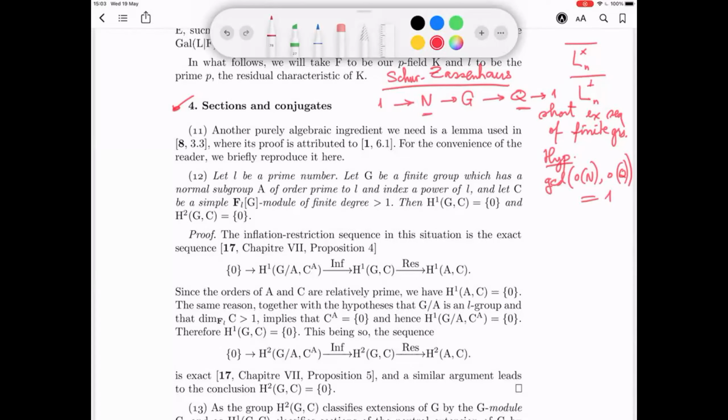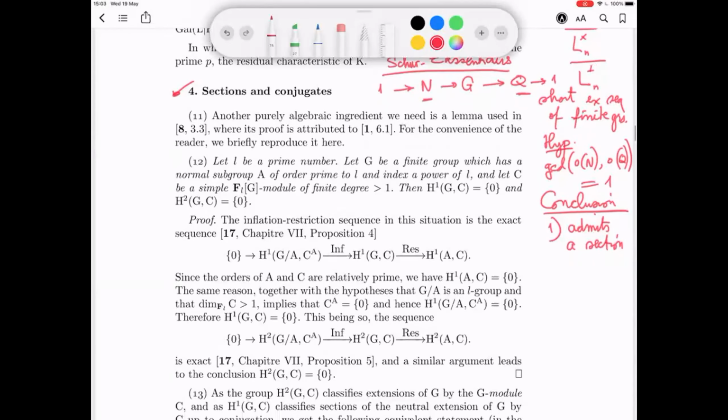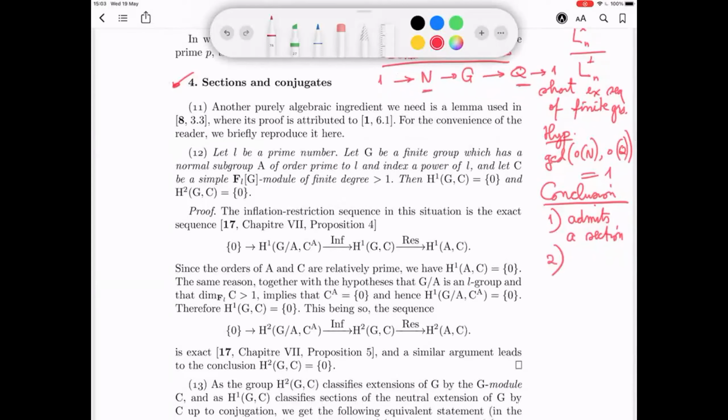This is the hypothesis, and there are two conclusions. The first is that any such sequence admits a section.